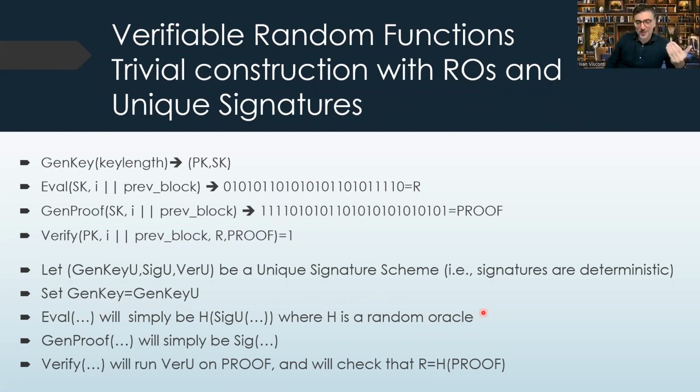So they couldn't use a random oracle in the construction. But for this type of application that we have in mind now, proof of stake, where we realize the lottery through evaluations of a verifiable random function, we are perfectly fine using random oracles wherever they connect.